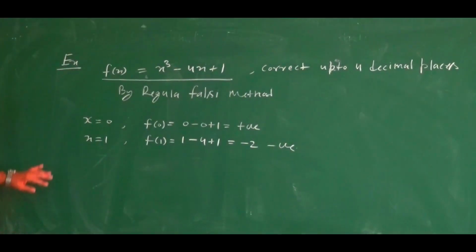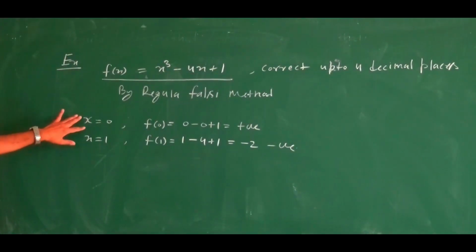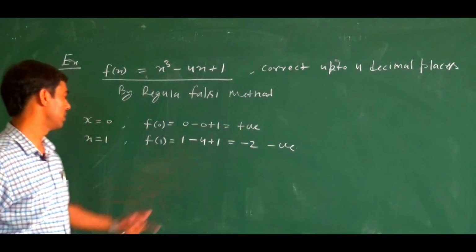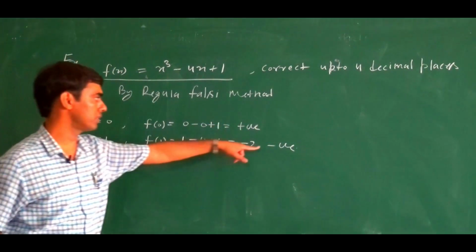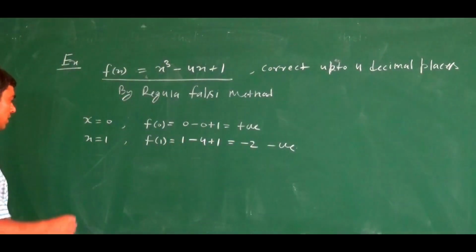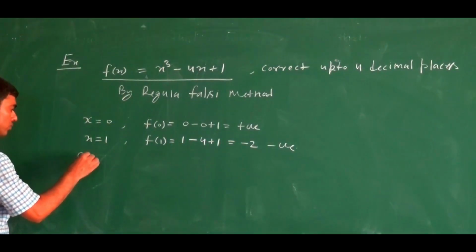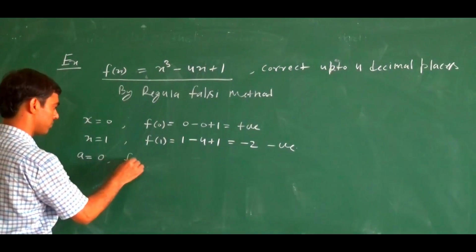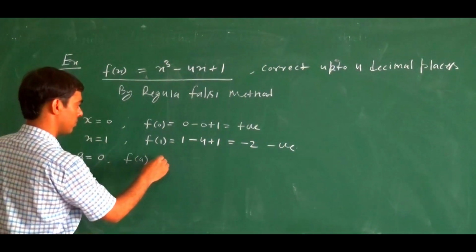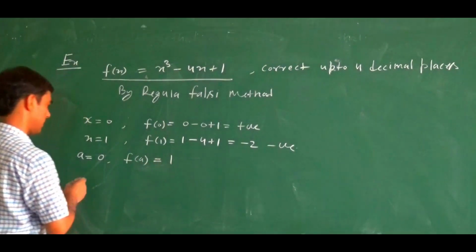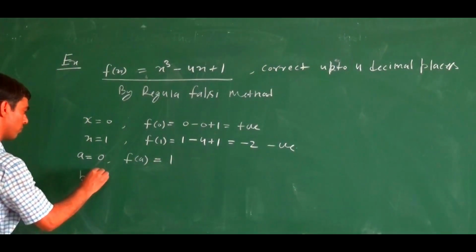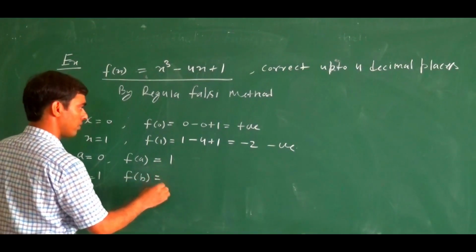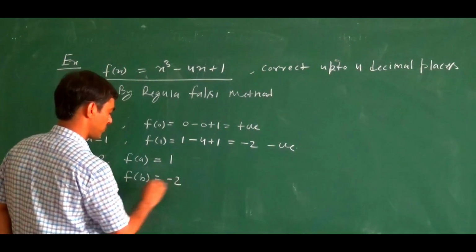So now we stop, because we are able to find a point where the value of the function is positive and another point where the value of the function is negative. Suppose we denote a equals 0 and f of a equals 1, and b equals 1, f of b equals minus 2.